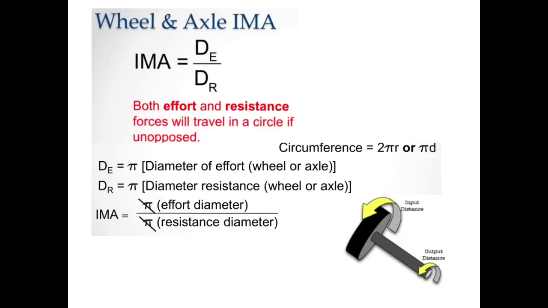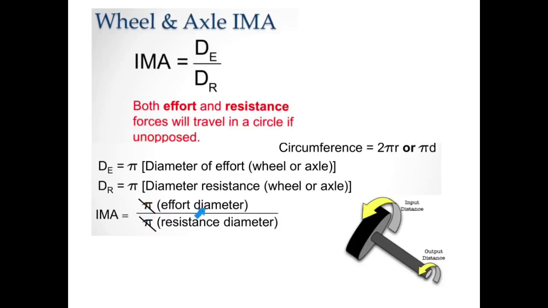And my distance of my effort is going to be the wheel, because that's where my effort is going to be put on. And so it would be pi times the diameter of the wheel, if I was using this as my example. Now notice for IMA, my distance of my effort and distance resistance both have pi in them.